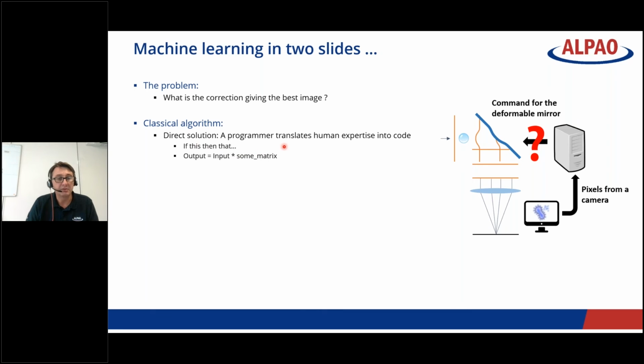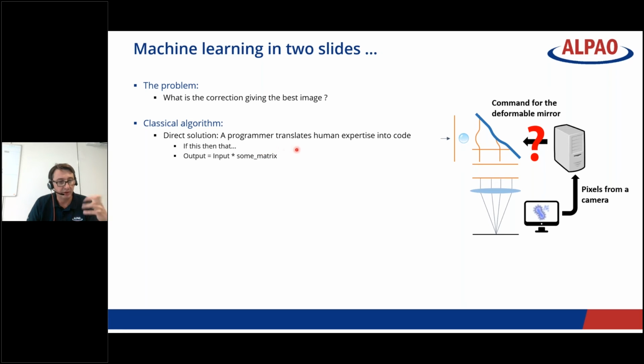It means that somebody, an expert, has to make a mathematical model of the problem and write the equations, and then somebody has to translate these equations into a computer program, with classical programming techniques. So if there is this feature, then you have to do this on the wavefront corrector.